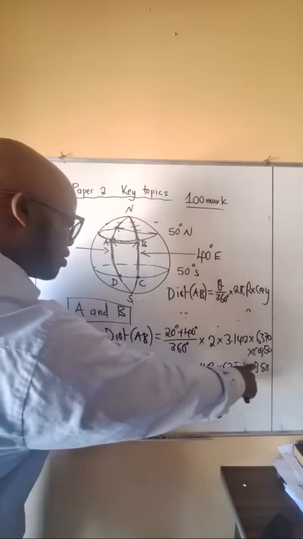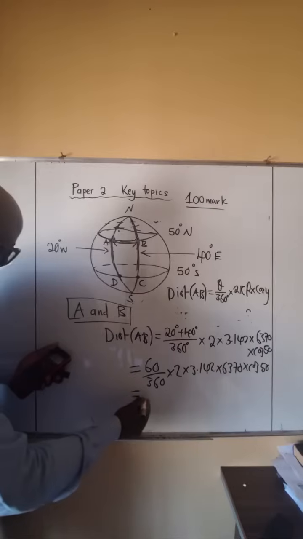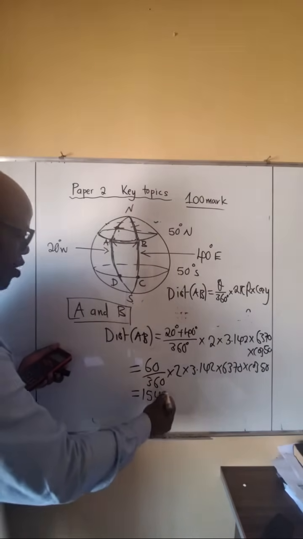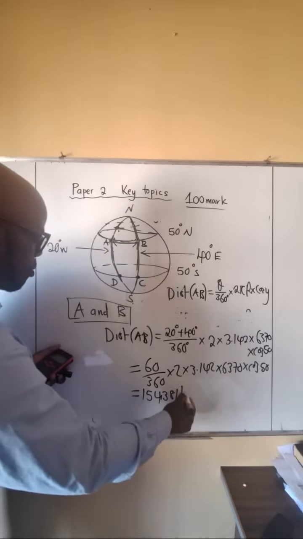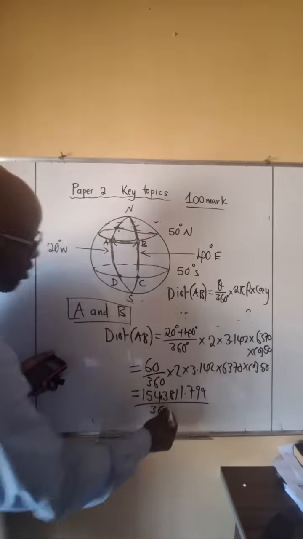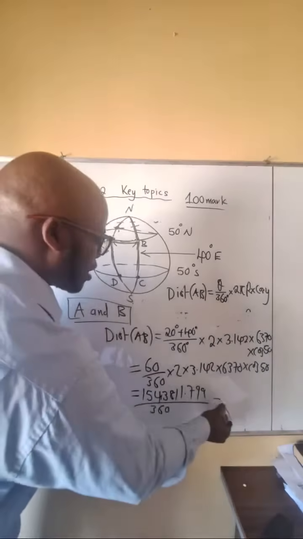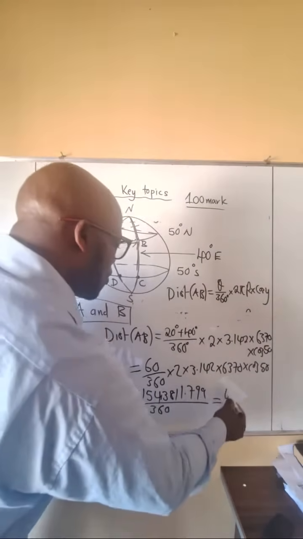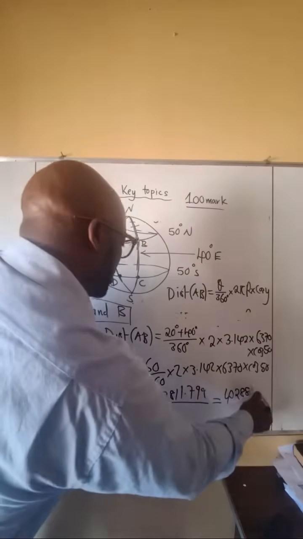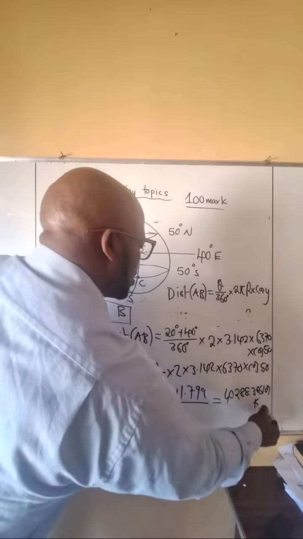When you do that, you get 1543811.799 over 360. When you divide by 360, the answer is 4,288.366109. Put the units, kilometers.